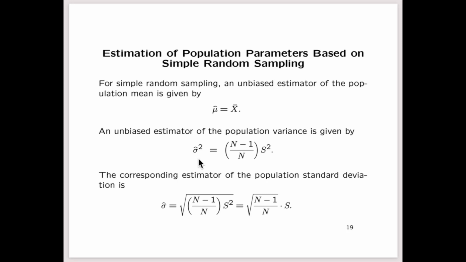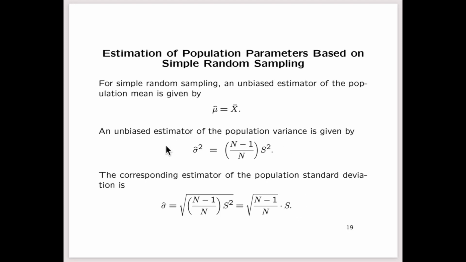We take the square root of sigma hat squared, which we denote by sigma hat. That is equal to the square root of cap N-1 over cap N times the sample variance, or, pulling s squared out, the square root of cap N-1 over cap N times the sample standard deviation.